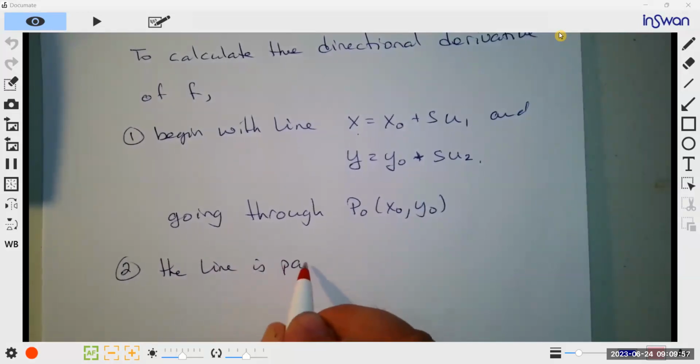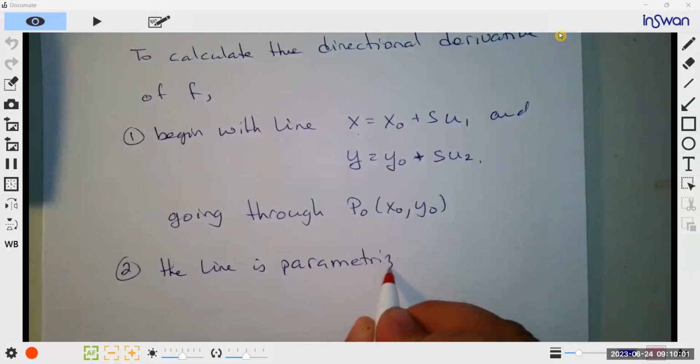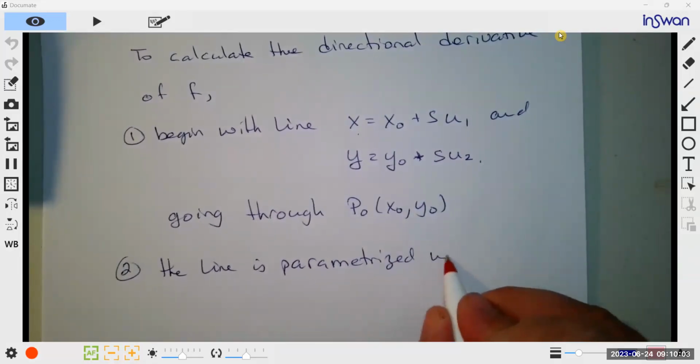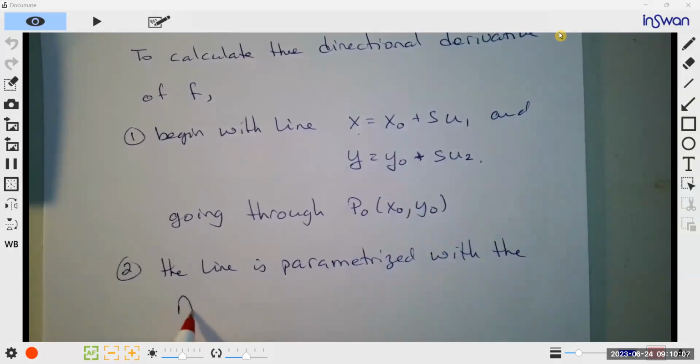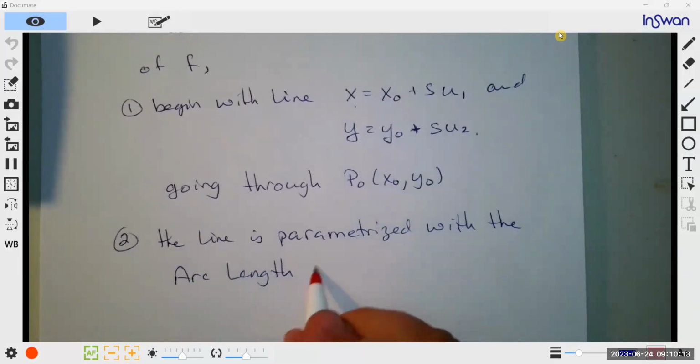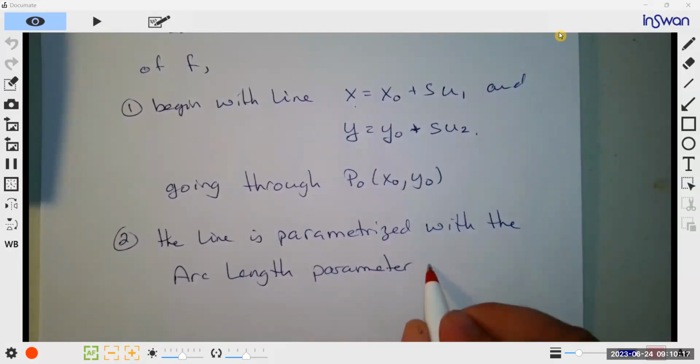The line is parametrized with the arc length parameter s.